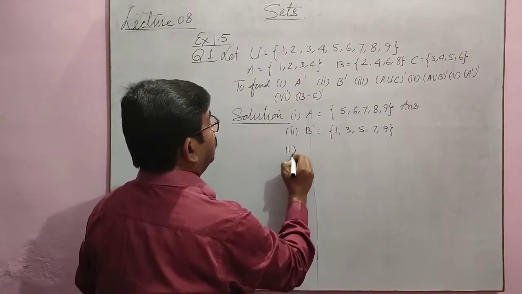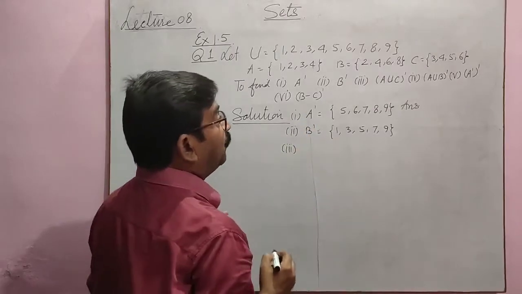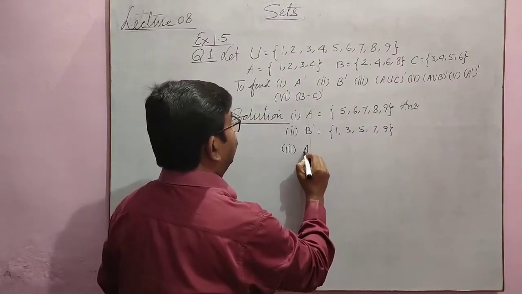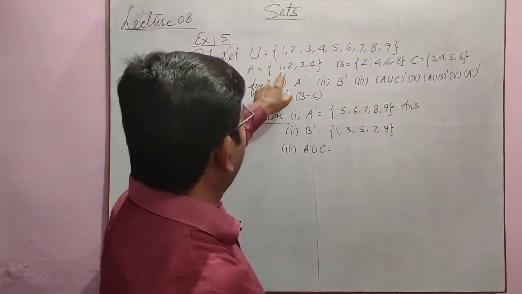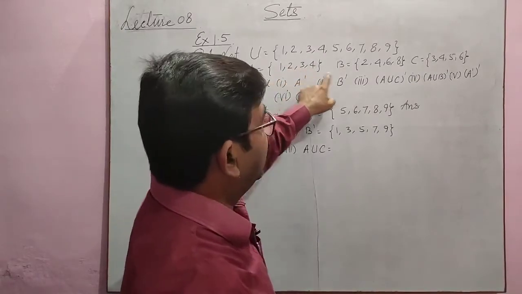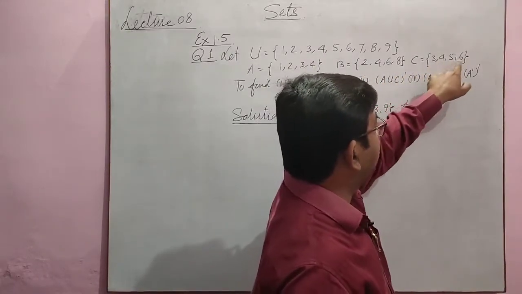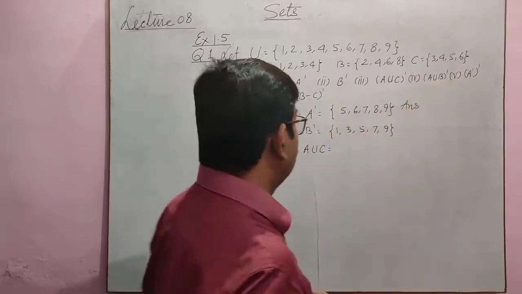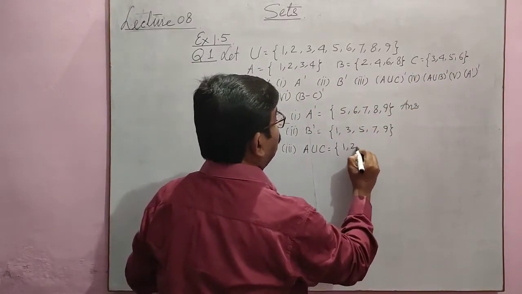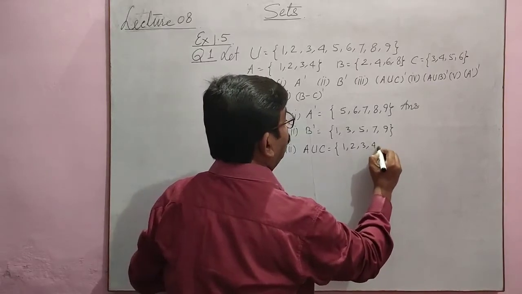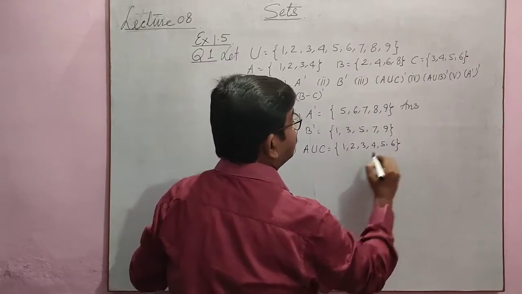For the third part we have to find A union C first. What is A? 1, 2, 3, 4, and C is 3, 4, 5, 6. These two elements are common. So what will be the elements in A union C? 1, 2, 3, 4, 5, 6.